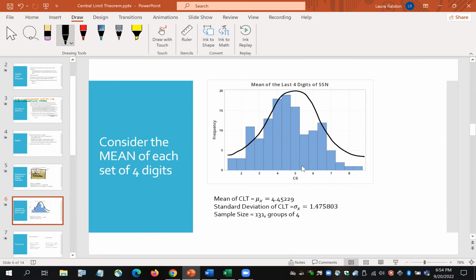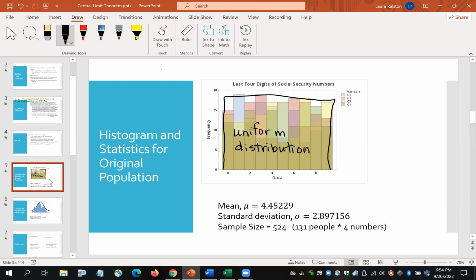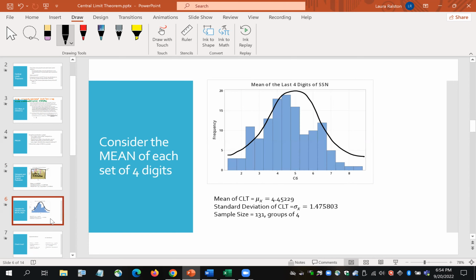So again, I just proved to you through real live numbers that the central limit theorem works. If we select a sample size of n, which in this case was 4, and select enough samples of 4 and look at the means, I can force a uniform distribution to become normal.